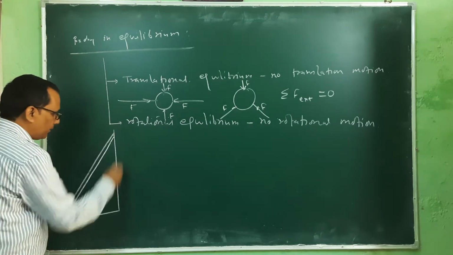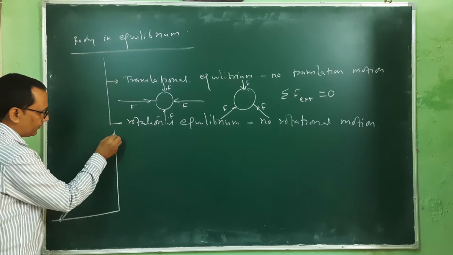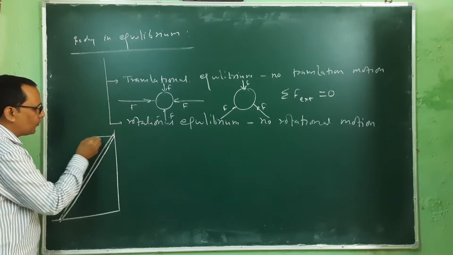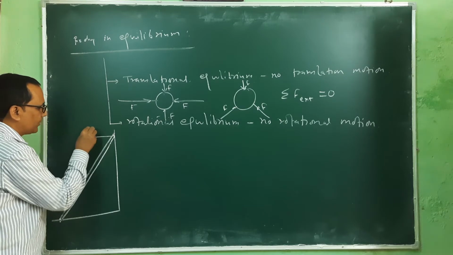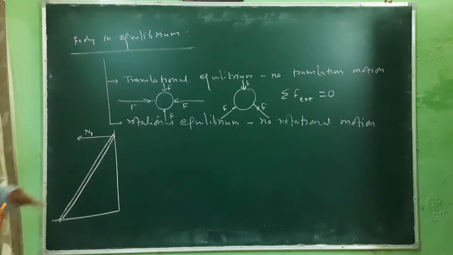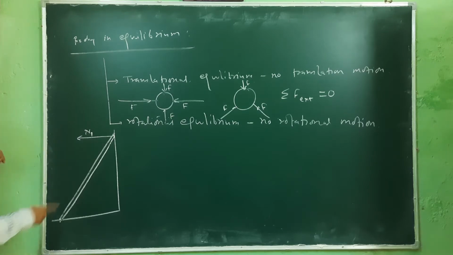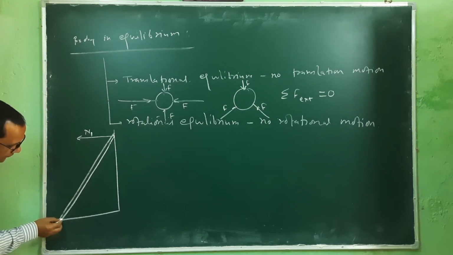So this is the wall. If this is positioned like this, there is one reaction force on the wall, N1, toward this direction, and it is balanced by the frictional force.